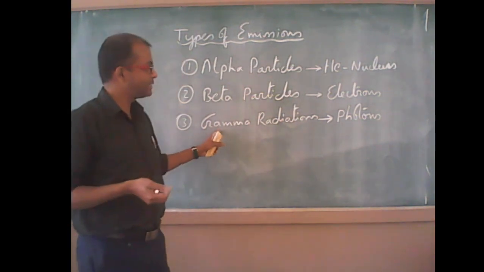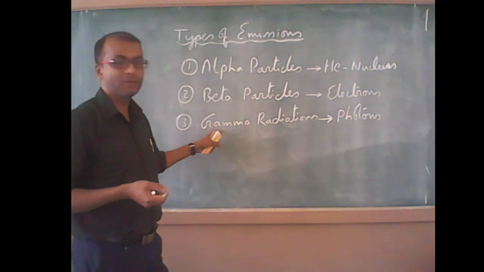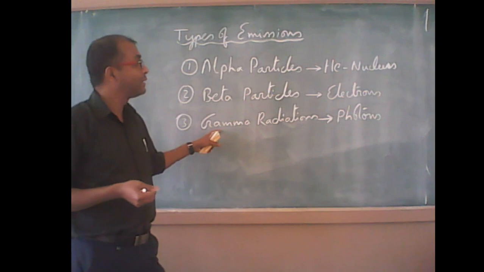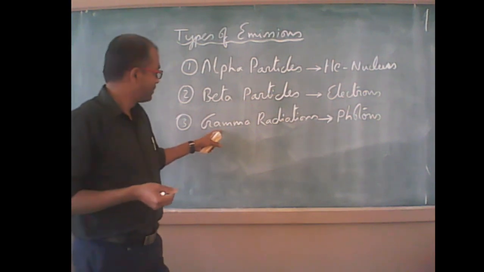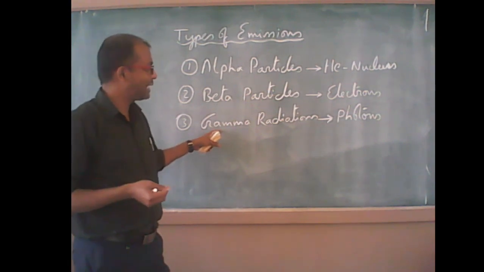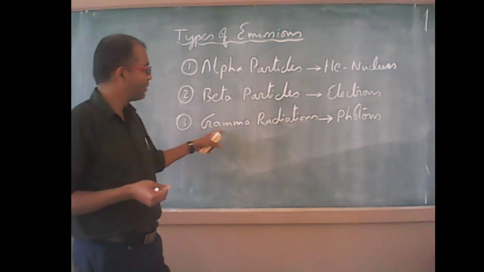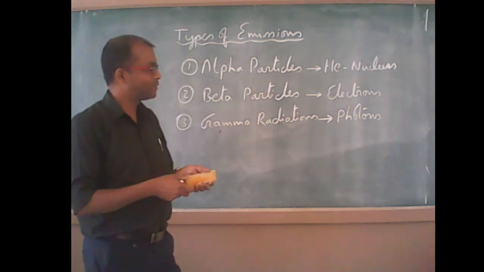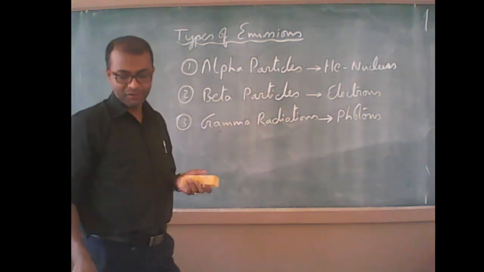These gamma radiations, as we have already talked about, are nothing but energetic photons emitted from radioactive nuclei. As a result, they are not charged. So they have high penetration power, and they are not affected by electric and magnetic fields.